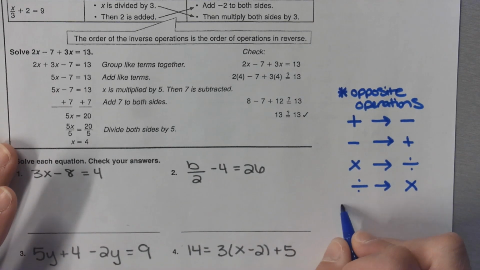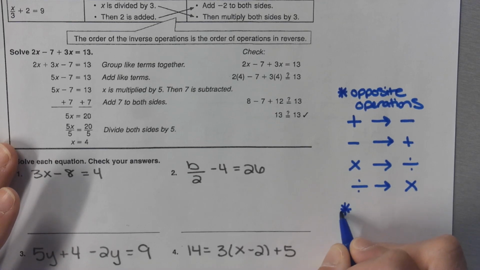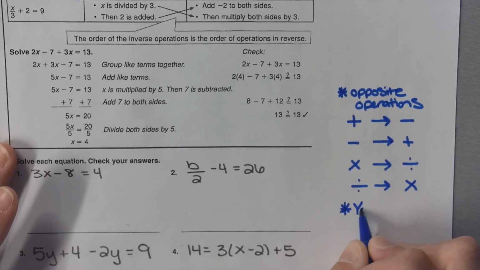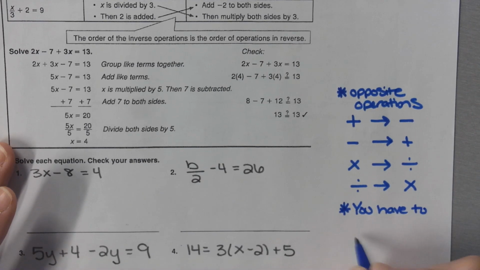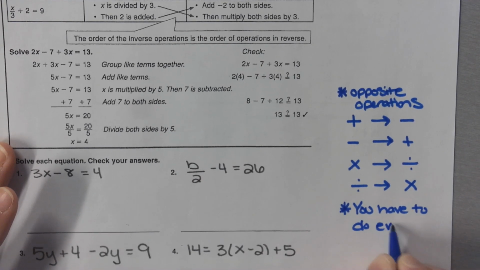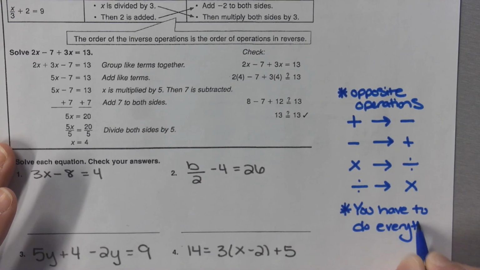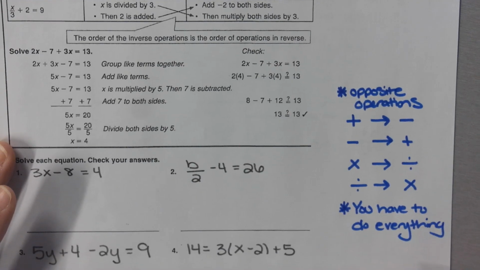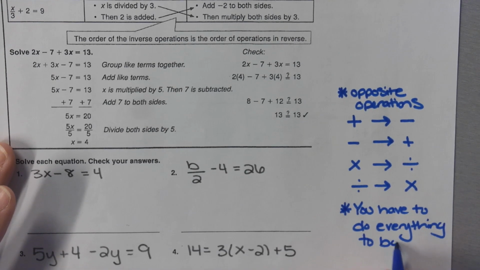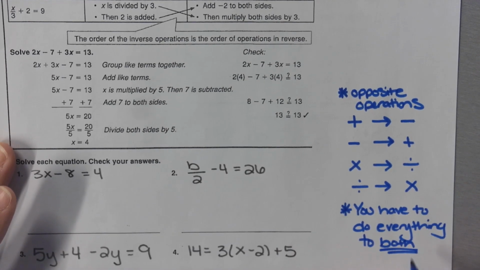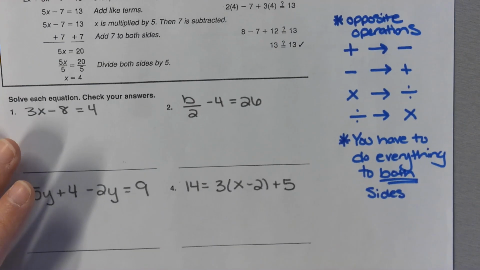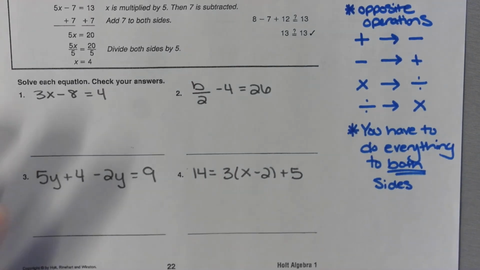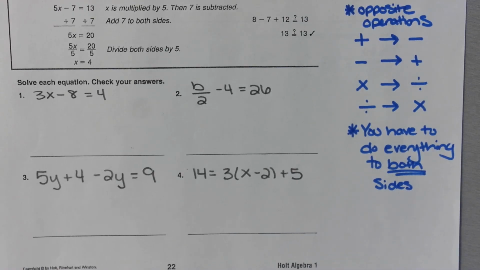So remember what your opposite operations are and what those look like. Another friendly reminder is anything you do, you have to do to both sides. Meaning if you add 7 to one side, that's fine, as long as you also add 7 to the other.